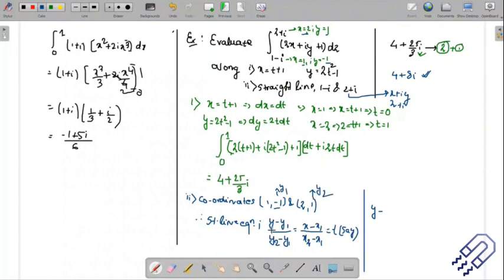So y minus y1, that means y plus 1, divided by y2 minus y1. y2 is 1, so divided by 1 plus 1. I can take it equal to t, and then this is y plus 1, this is 2t, so y is equal to 2t minus 1. So we got y in terms of t, and similarly we can do it for x minus x1.